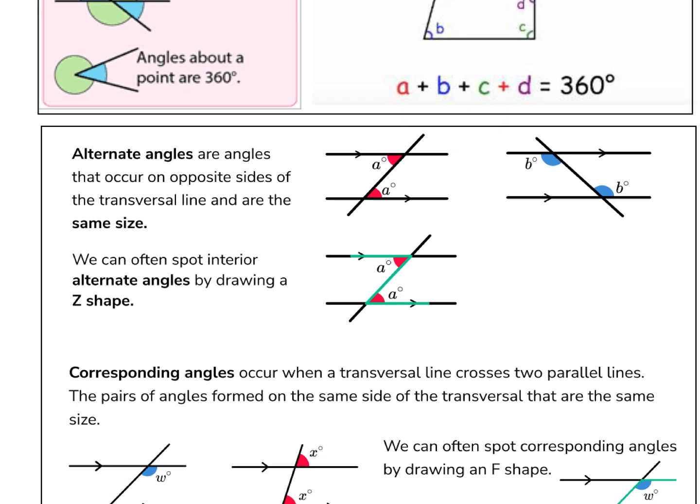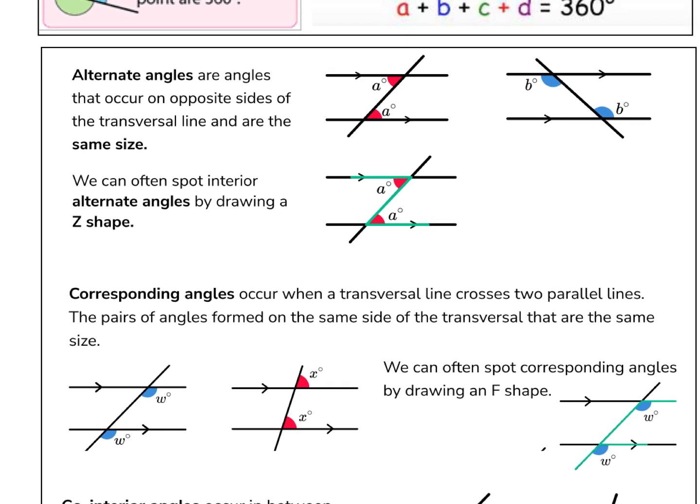Let's now look at angles on parallel lines. Alternate angles are angles that occur on opposite sides of the transversal line and are the same size. The transversal line is this one here. So another way to say that is if you've got two parallel lines, then there's four angles in between the parallel lines.